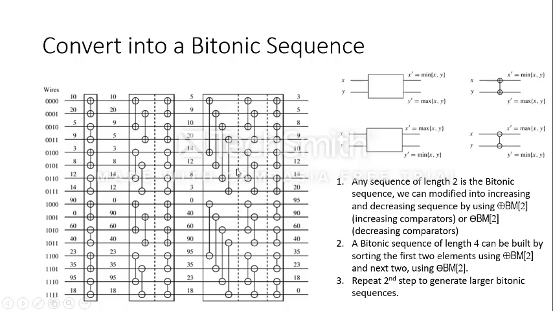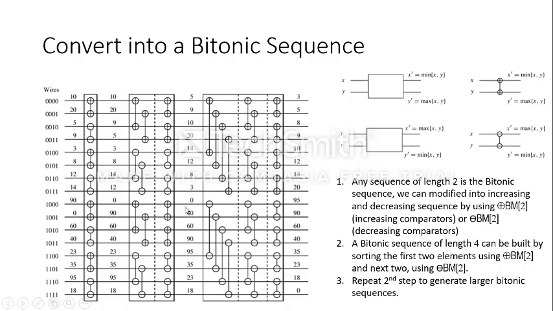It shows the first split, then the second split, then after the third split we get a monotonically increasing sequence for this input 5, 9, 10, 20, 14, 12, 8, 3. We are able to get this particular output.